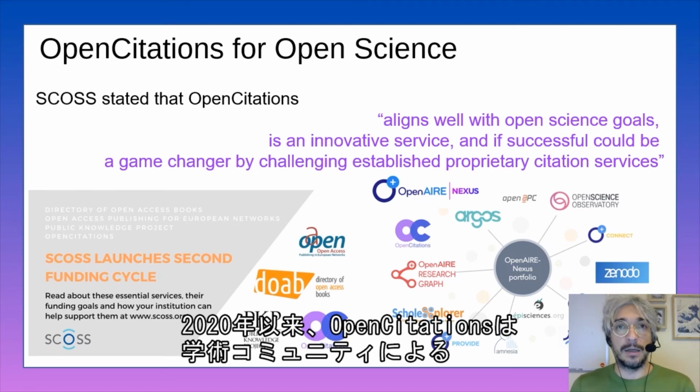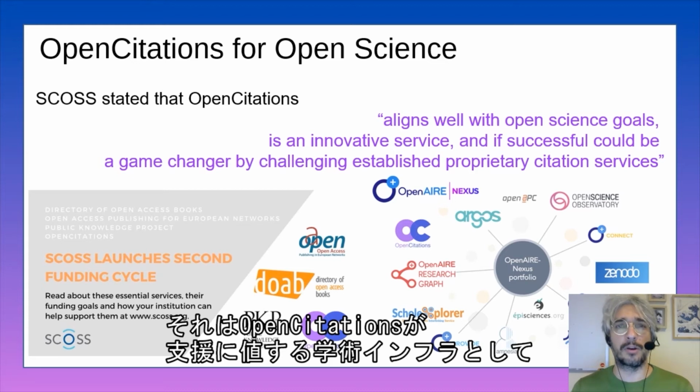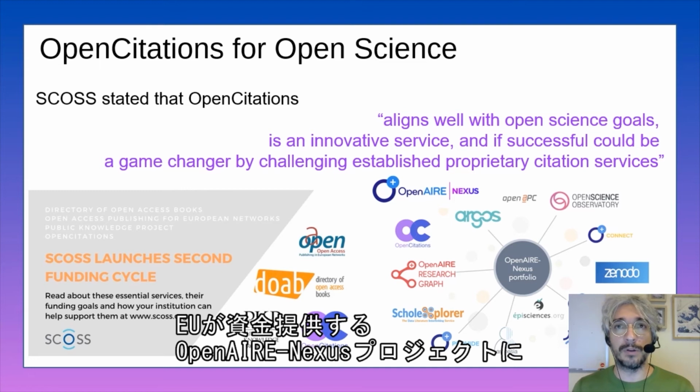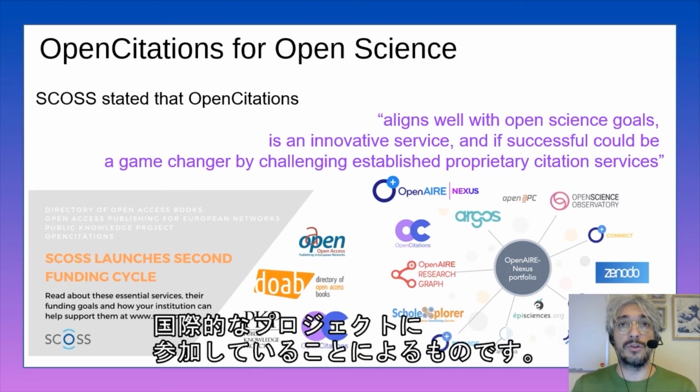Since last year, OpenCitations has benefited greatly from crowdfunding that comes from the scholarly community, that has resulted mainly from SCOSS's selection of OpenCitations as a scholarly infrastructure worthy of support, and from its involvement also in international projects such as the OpenAIRE Nexus project, which is a European funded project where we work with other institutions and infrastructures, including OpenAIRE.